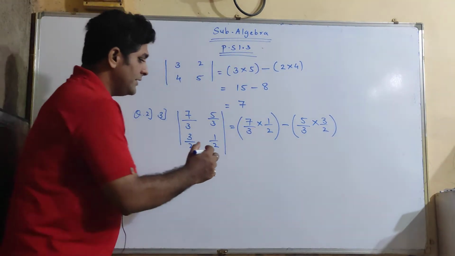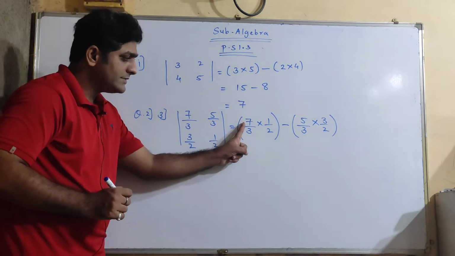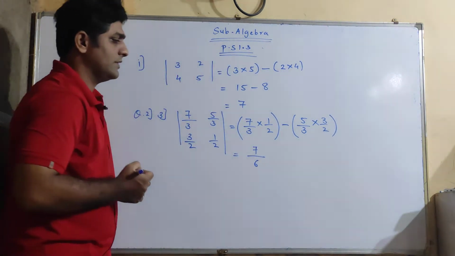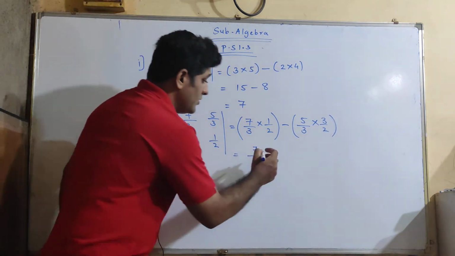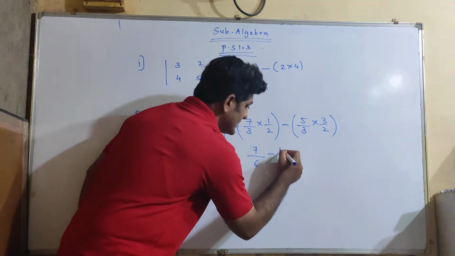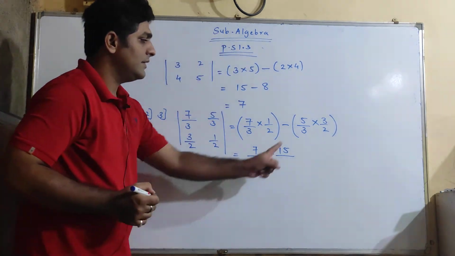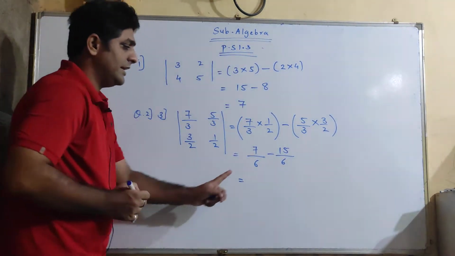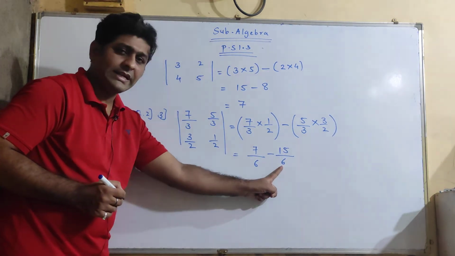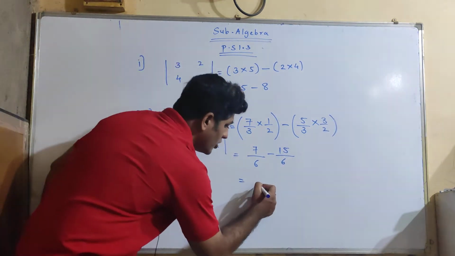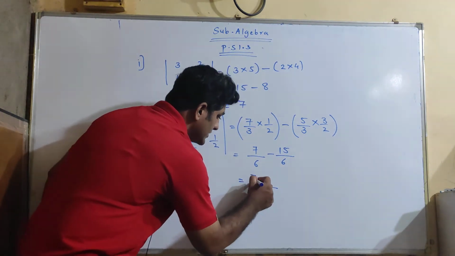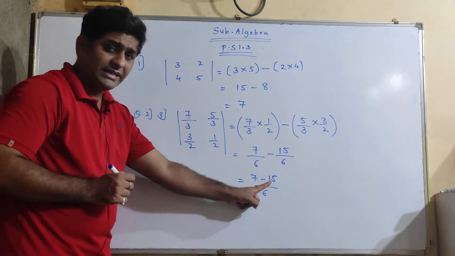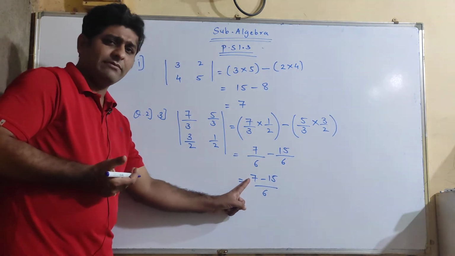Correct? Now we will multiply over here. 7 ones are 7, 3 twos are 6. Similarly over here, 5 threes are 15, 3 twos are 6. Now we can see that students, the denominator is same, so we are going to take it common. So 7 minus 15, we know students, it is like 15 minus 7.